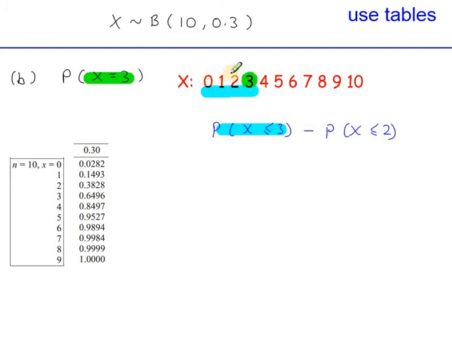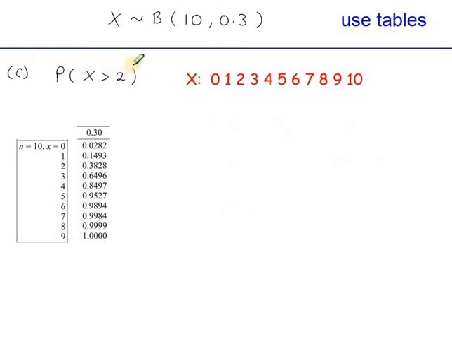We don't want the 0, 1 and the 2, so we're going to subtract less than or equal to 2 off from this value, this part here. So less than or equal to 3, 0.6496 minus less than or equal to 2, 0.3828.